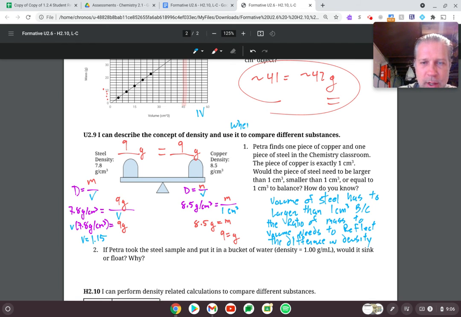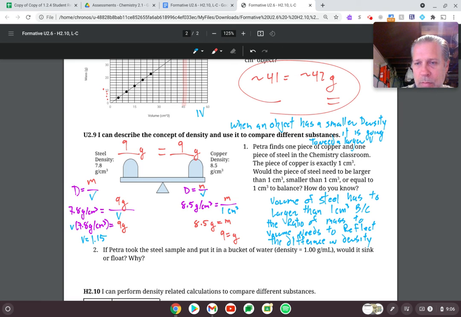So when an object has a smaller density, it is going to need a larger volume to get the same mass.